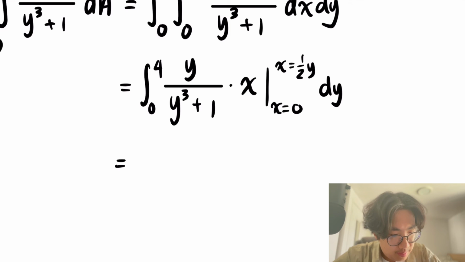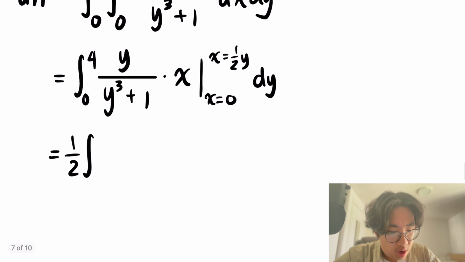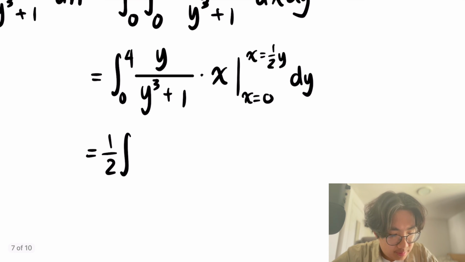Okay, and then from here, we plug in 1/2 y over here, so we can pull out the 1/2. And then we multiply this by y. So we then get y squared between 0 and 4. We have y squared over y cubed plus 1.